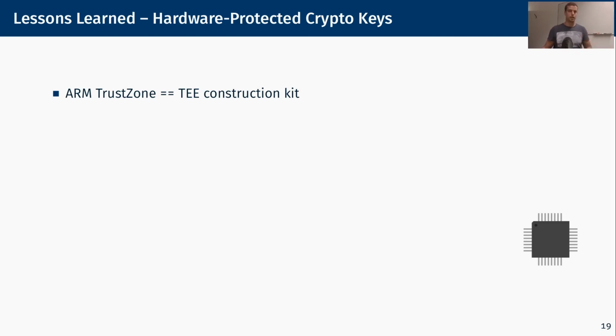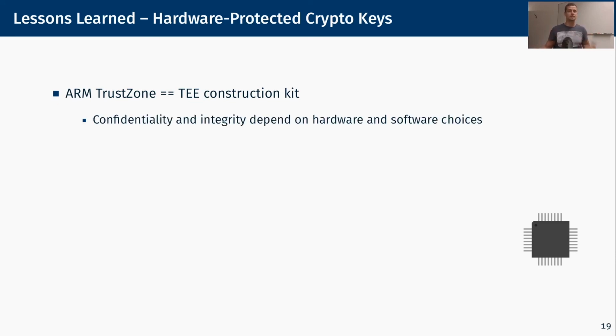First, the supposedly hardware protected cryptographic keys. In my understanding, ARM TrustZone is more to be understood like a trusted execution environment construction kit. So it highly depends on the hardware and software choices of the system designer, and depending on these choices, you get certain confidentiality and integrity guarantees. And if you don't have hardware that protects your cryptographic keys, then you're falling back to software-based security by obscurity designs.